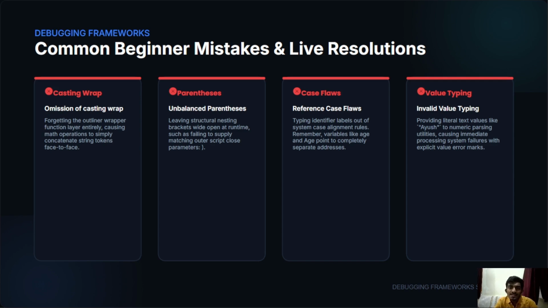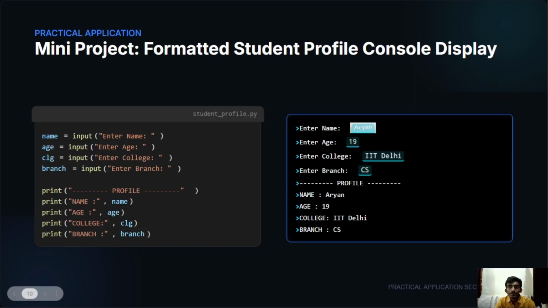You need to create a student information program. You need to ask, as I have shown you in the previous one, name, age, college, branch. So let me show you again here, this one. So basically, you will take all this and convert it using typecasting, and then convert it into the values.